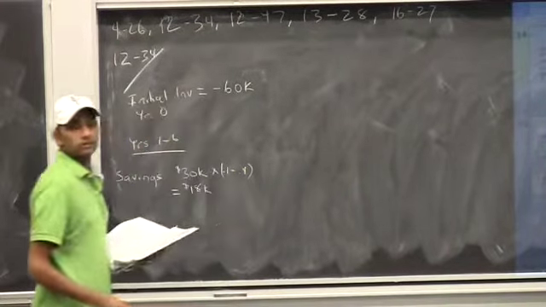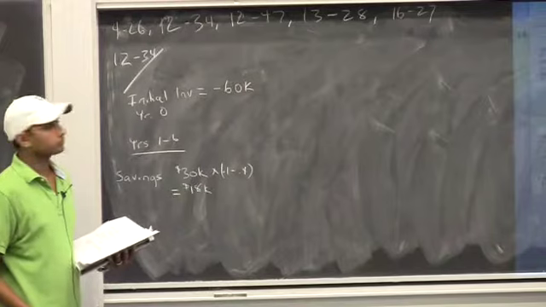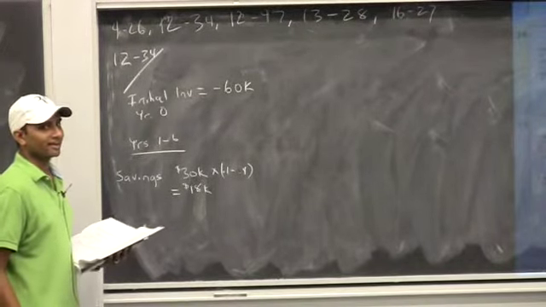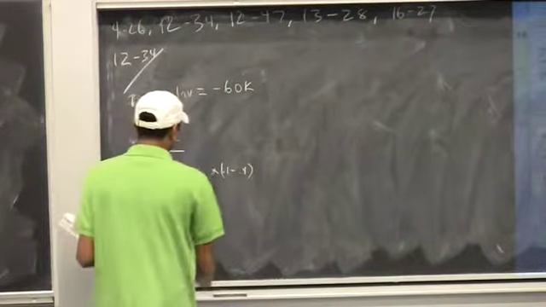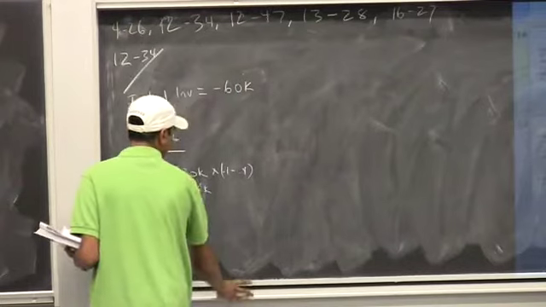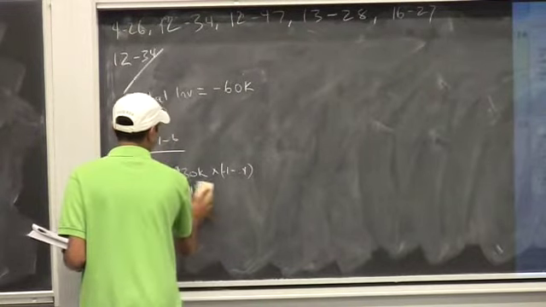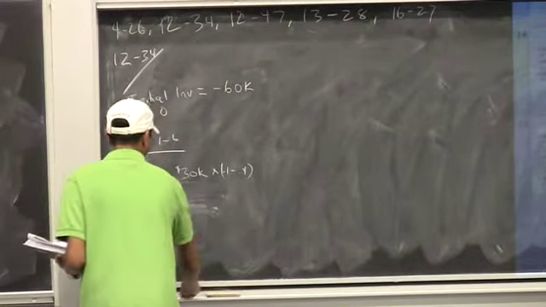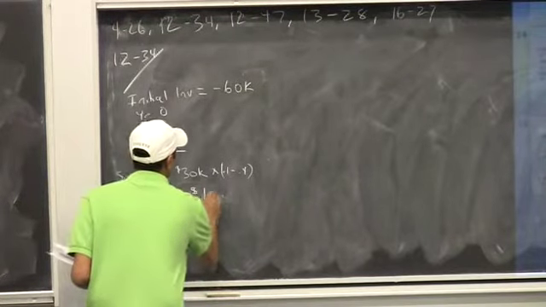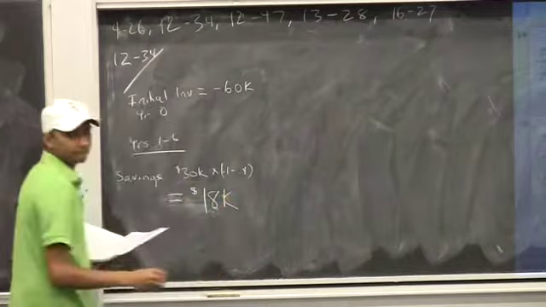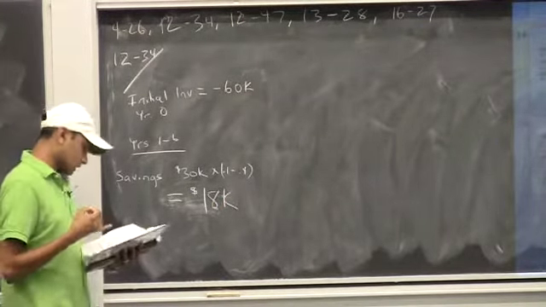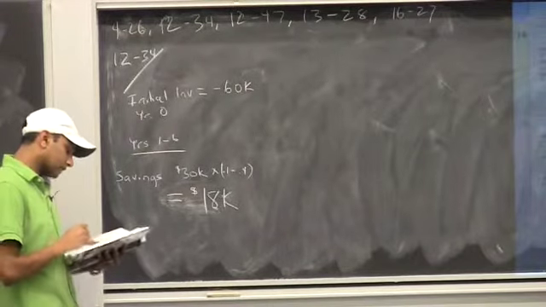That's as big as I'm going to write. I'll try. Good? All right. Okay, so 18K for the savings, and then there's the amortization.